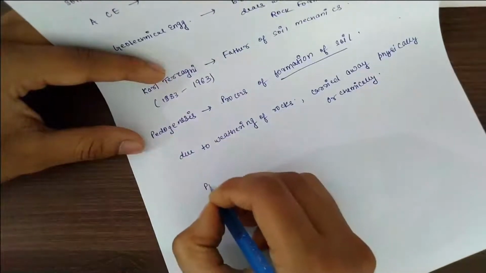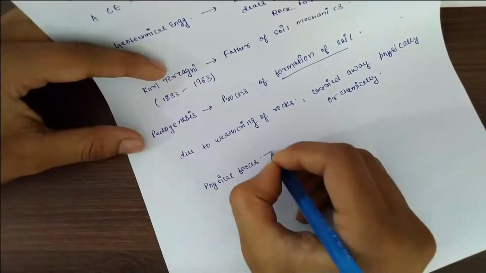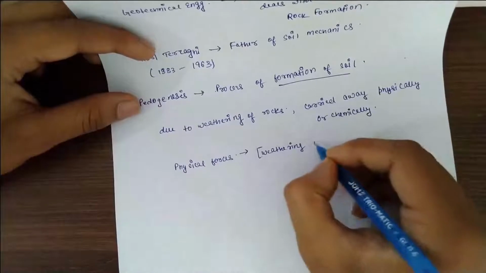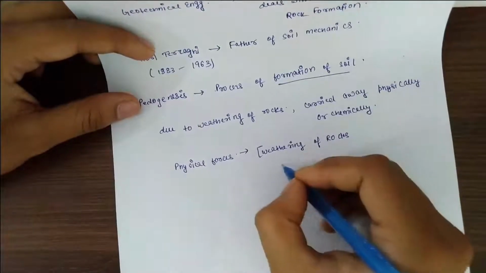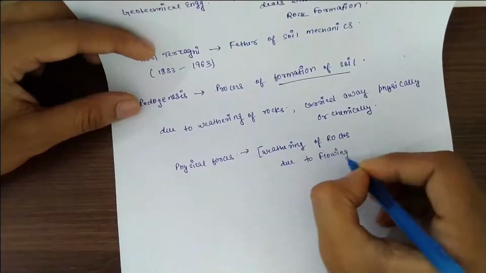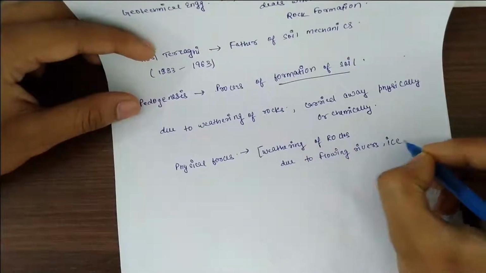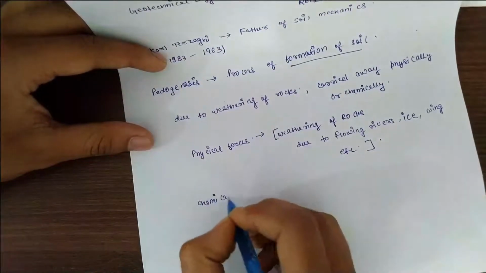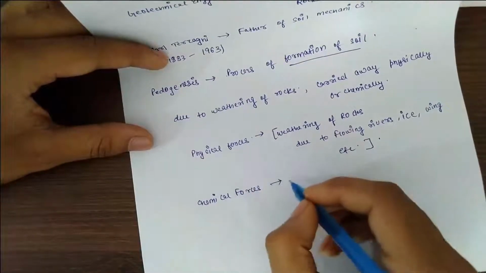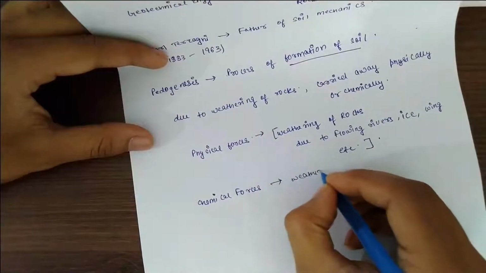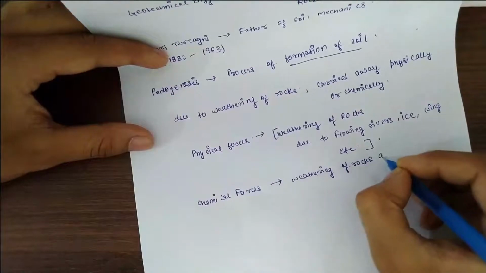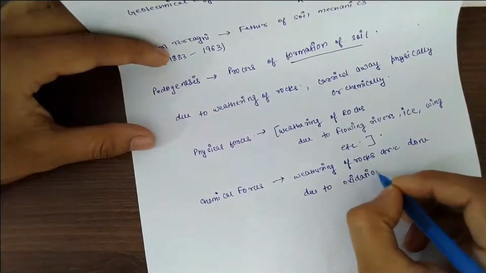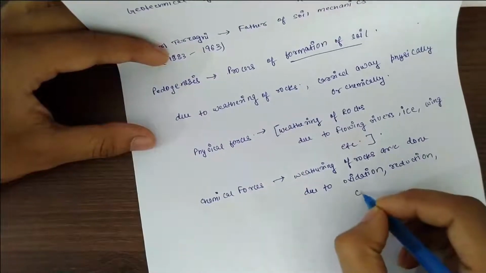Physical forces include flowing rivers, ice, wind, etc. And chemical forces involve weathering of rocks due to oxidation, reduction, carbonation, etc.